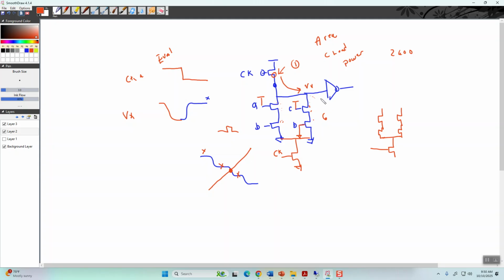Anyway, now the advantage of using this domino or dynamic logic. And believe me, there are tricks to get things to work. You can have a feedback path that keeps that charged.